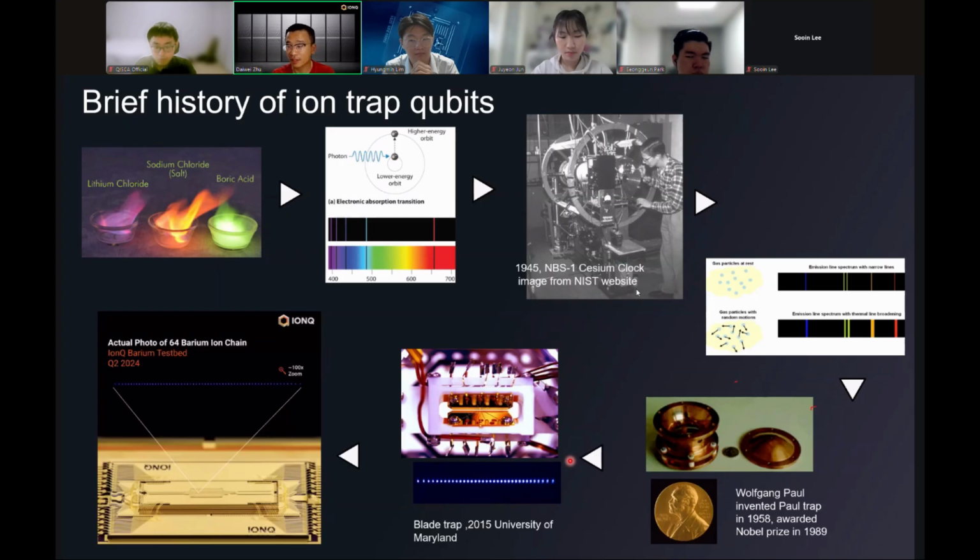Since the very early days, people started to experiment with ions, with atomic physics, with laser technology. So we have all the tools that come from 60-plus years of technology advancement. It's a very beautiful school of long history. Yeah.